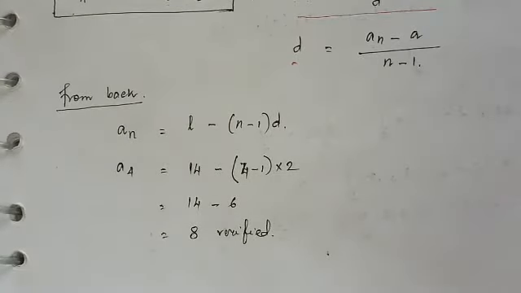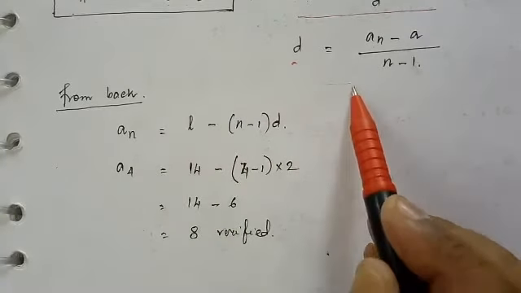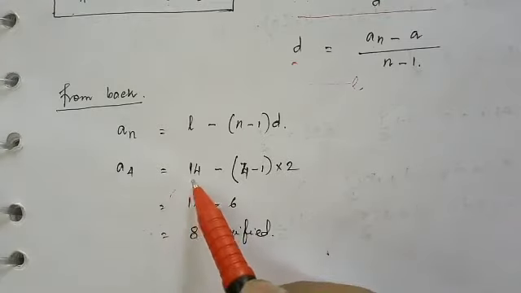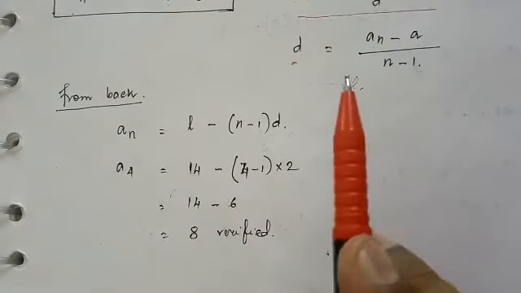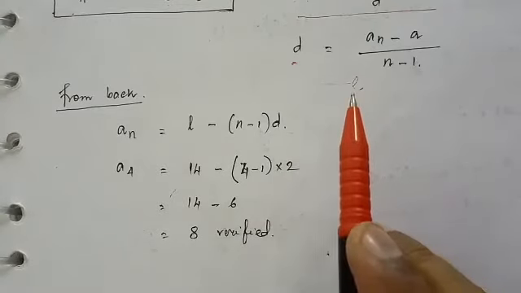Now suppose we are taking the series from the back. Whenever we are taking the series from the back, the last term will be the first term, and an ascending series will become descending and a descending series will become ascending.